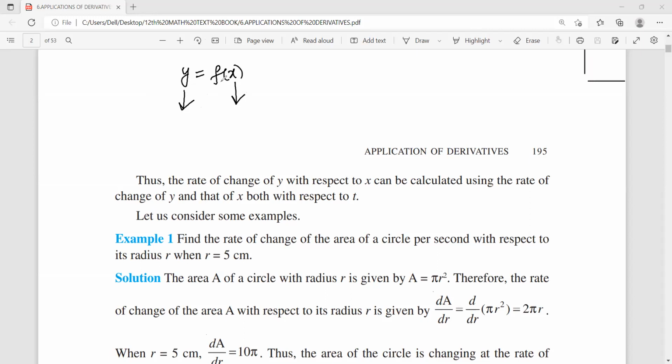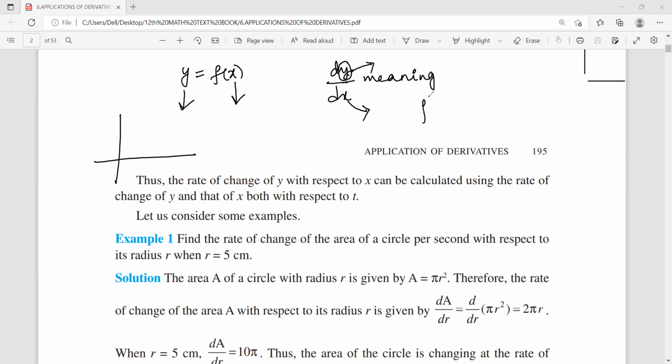So that we calculate. And literally the meaning of dy by dx is the rate of change in y with respect to x. Generally, what do we do in derivatives when we find f dash of x?